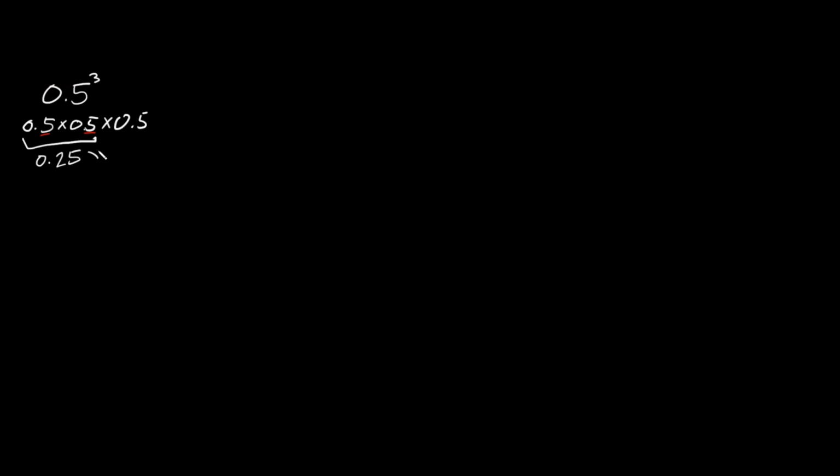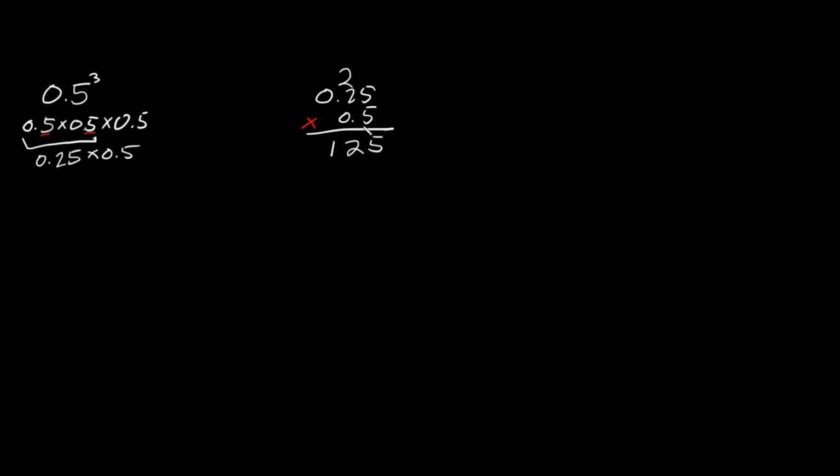0.25, and now we're multiplying by 0.5. So 0.25 times 0.5. 5 and 5 is 25. Carry the 2. 2 times 5 is 10, plus 2 is 12.